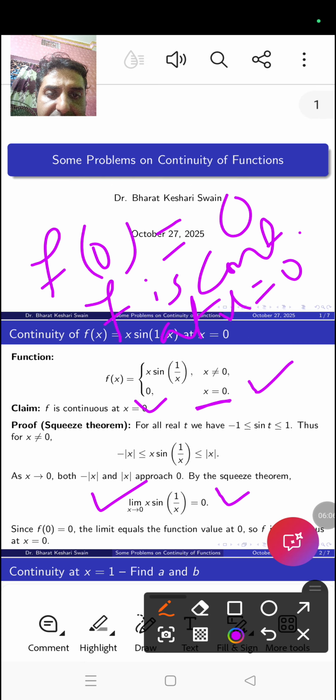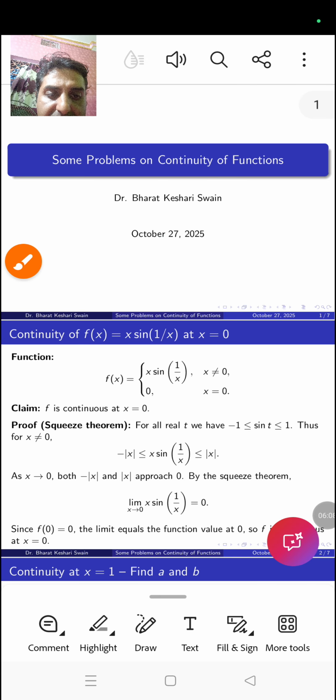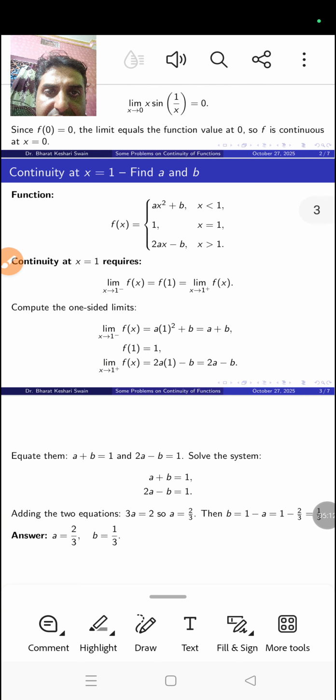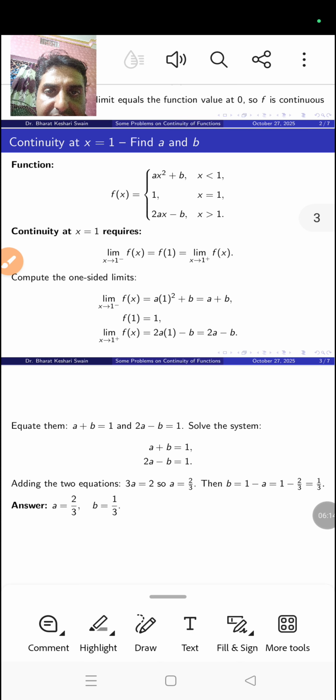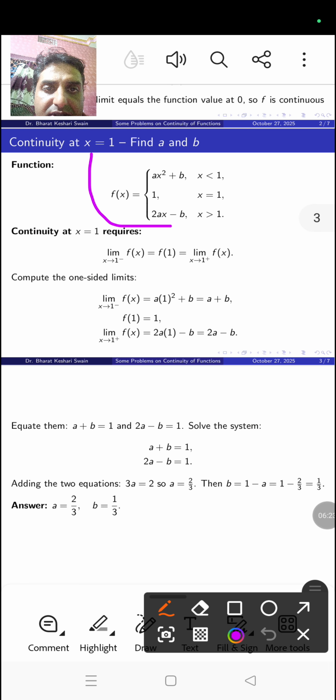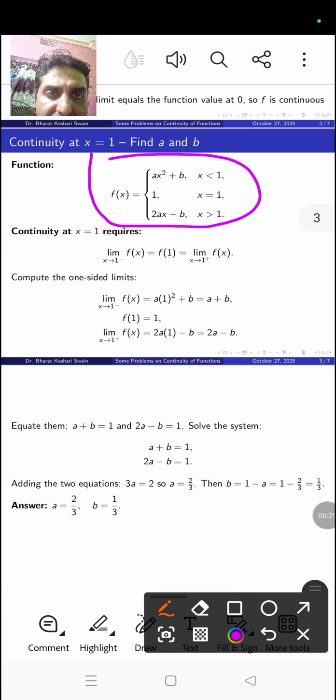Now come to the next example. In the next example, a function is given and it is given that the function is continuous. What is the function? f(x) is equal to ax squared plus b when x less than 1, 1 when x equal to 1, and 2ax minus b when x greater than 1.